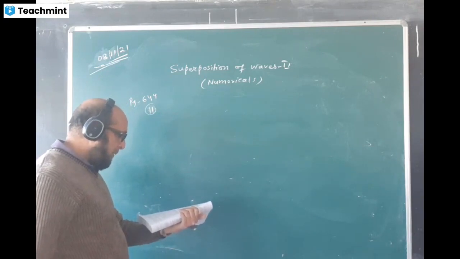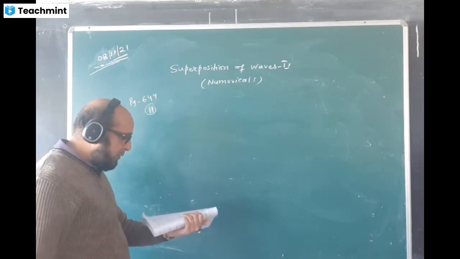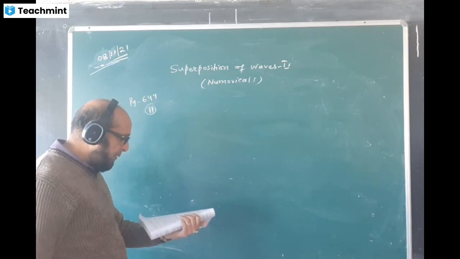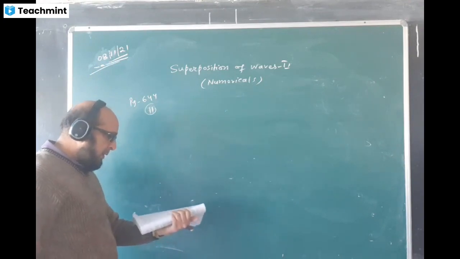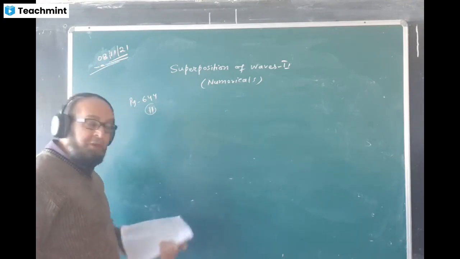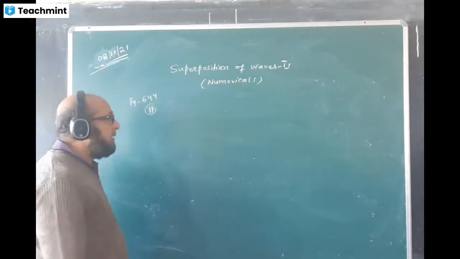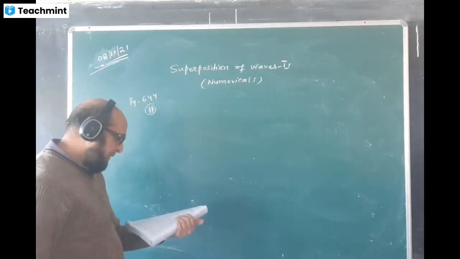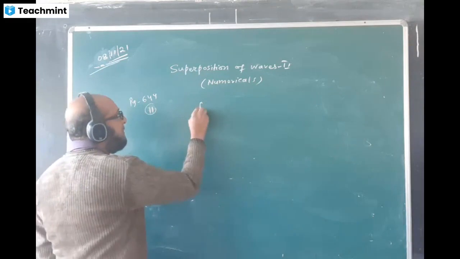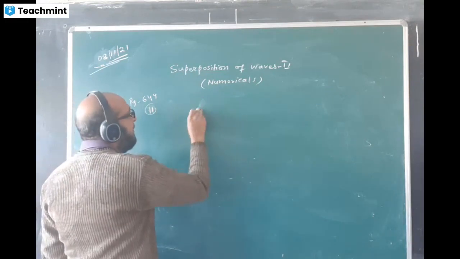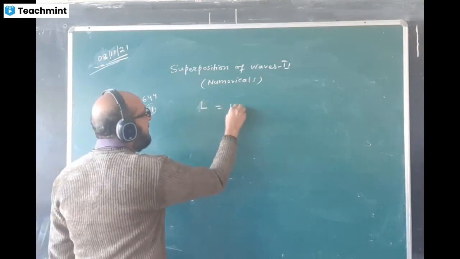Explain how two bridges should be placed in order to divide a wire 110 centimeter long into three segments whose fundamental frequencies are in the ratio 1:2:3. The ratio of frequency is given. Total length is 110 centimeters.